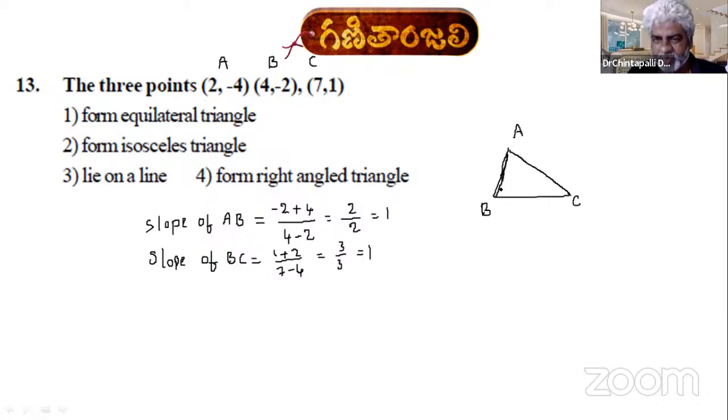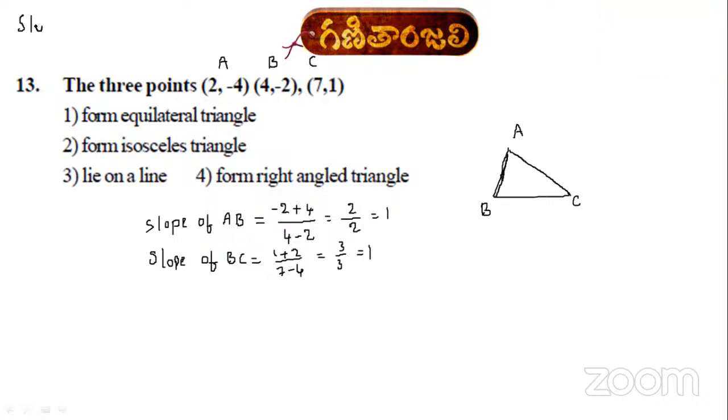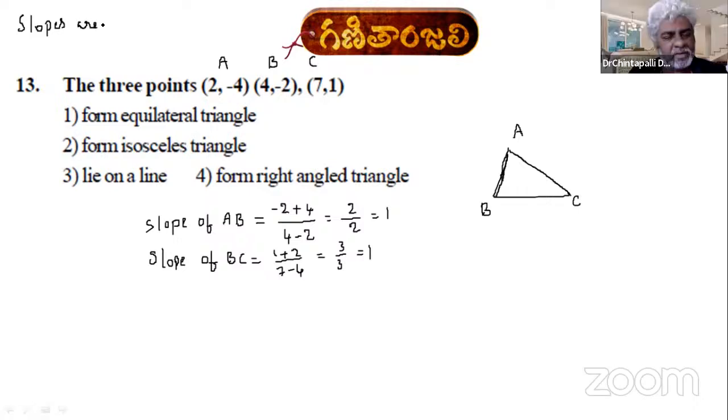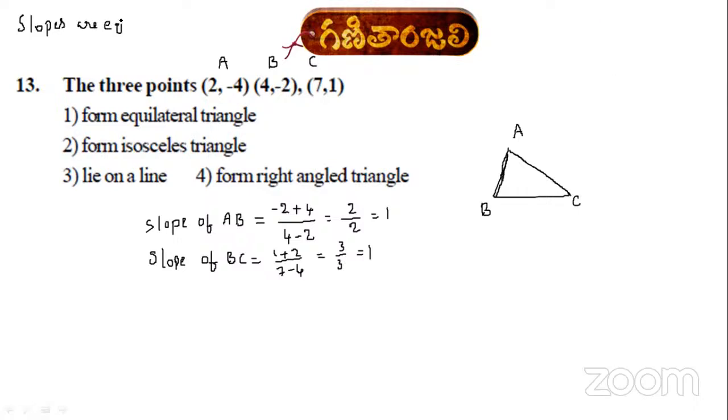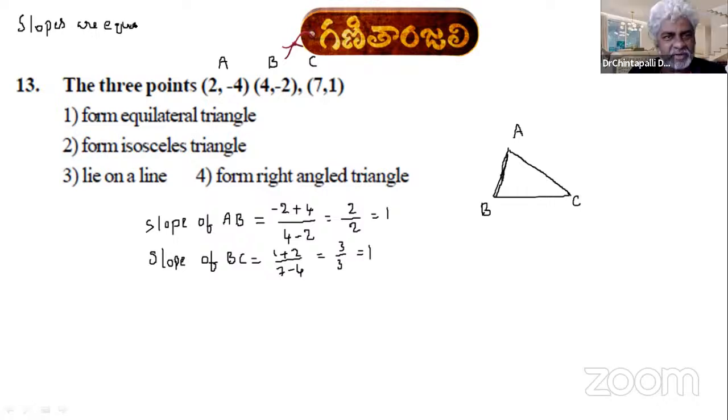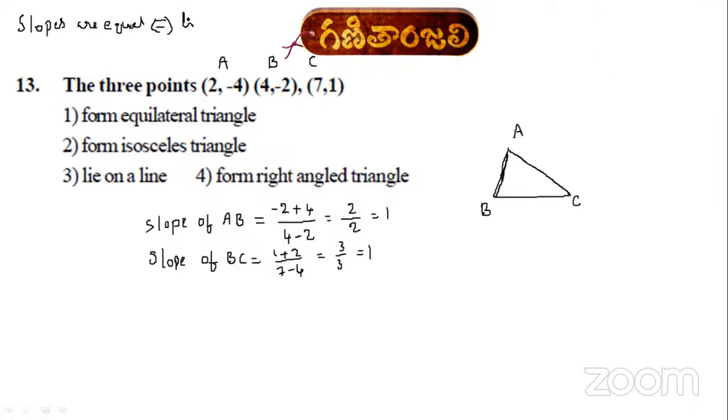Having equal slopes means the lines are parallel. It's a very important point, keep it in mind. If slopes are equal, then the lines are parallel. If slopes are negative reciprocals of each other, they are perpendicular.